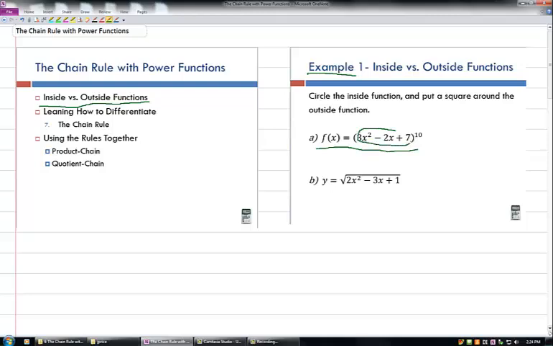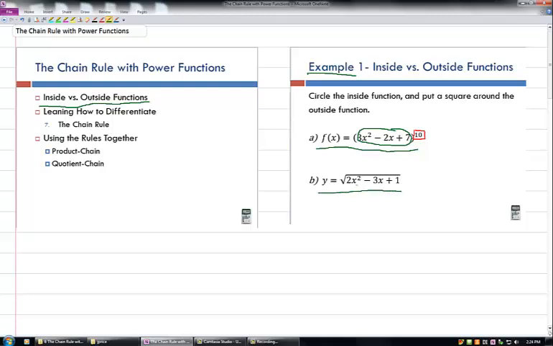So it says 3x squared minus 2x plus 7. Whereas if I ask you what the outside function is, hopefully you say it's raised to the 10th power. So the inside function is 3x squared minus 2x plus 7, whereas the outside function is raising it to the 10th power.